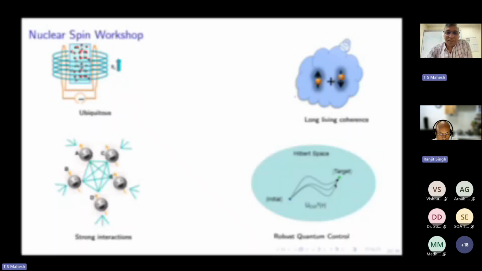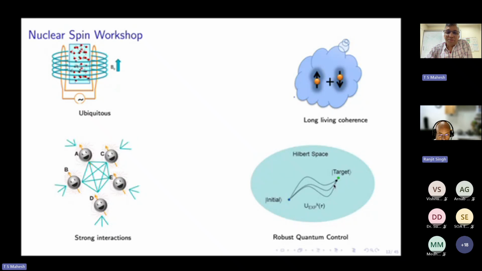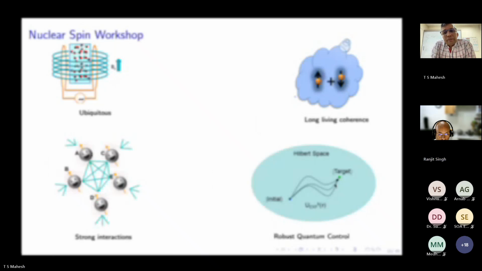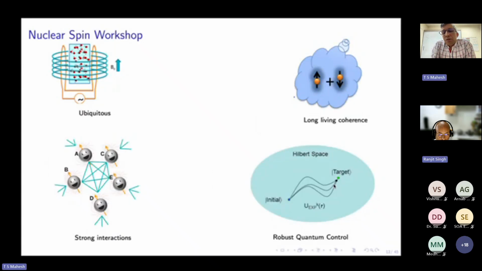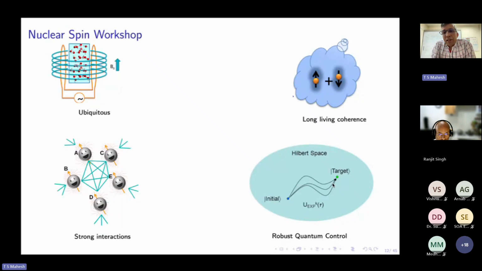When you have written long living coherence, does it mean that we can manage the decoherence by using some mechanisms? Yes, there are ways you can extend the coherence times.